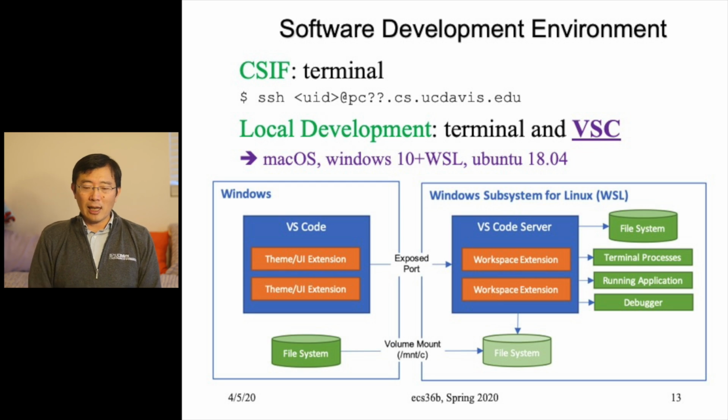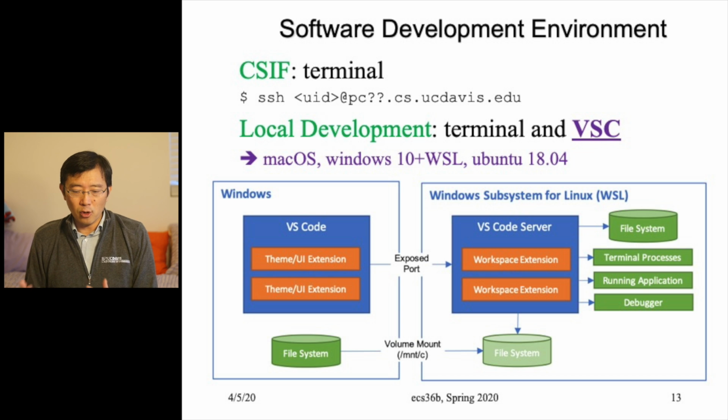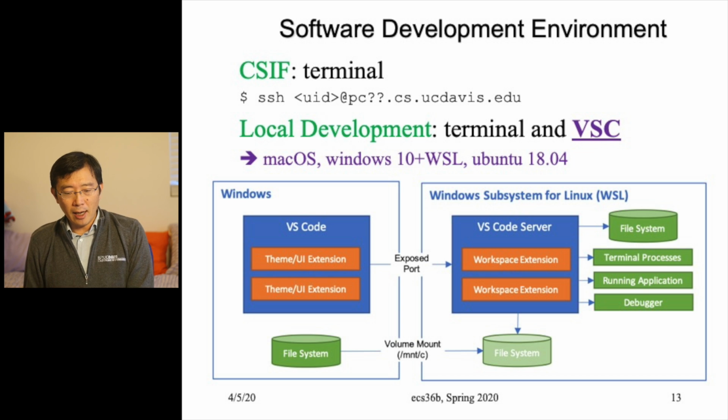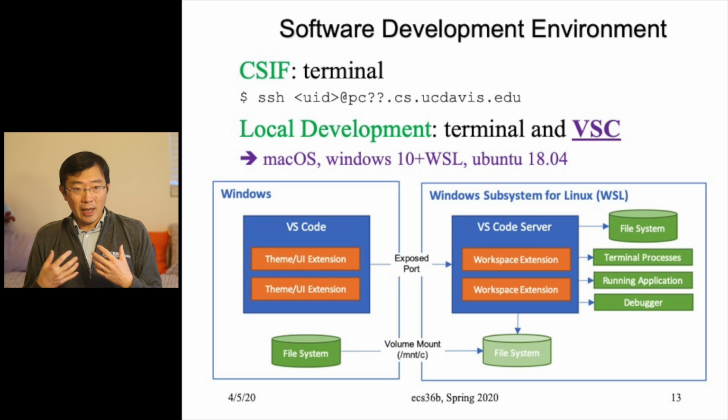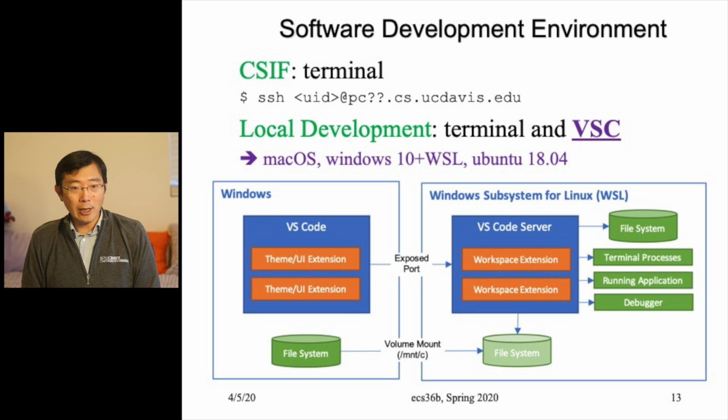So it's really interesting that I realized it's not just using WSL and Windows and VSC together, but the architecture is doing what we call remote development. You can see that this side on the left is running on your environment.